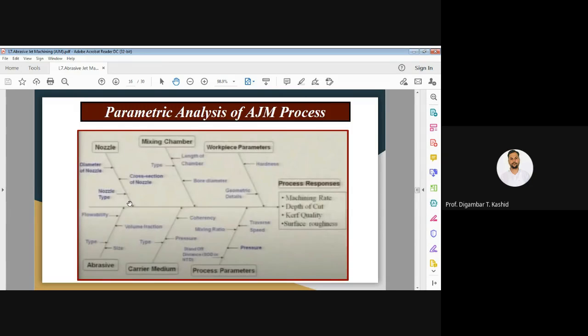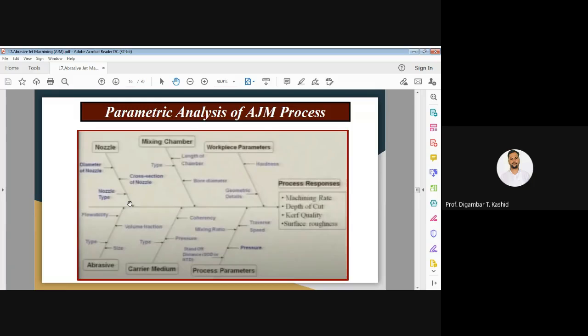The diagram shown on this slide is normally called a cause-effect diagram or fishbone diagram. In this slide you can find the different parameters which really affect the response in case of process performance.